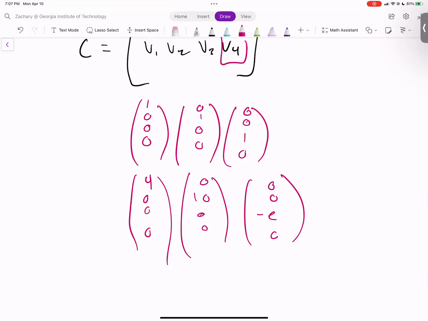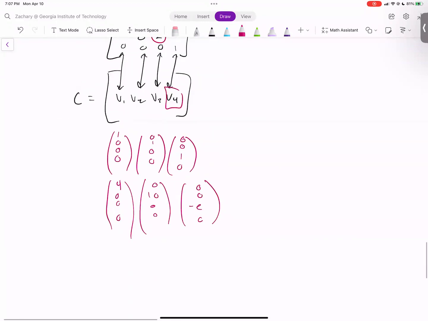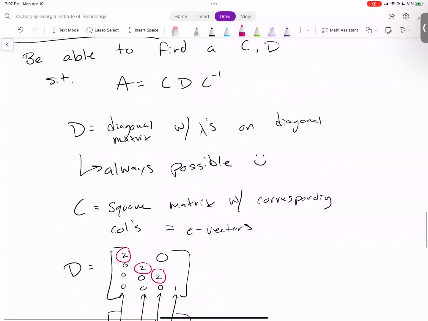Are these 3 things still linearly independent? Do they span the same as this? They are still eigenvectors. They still form the same basis, so they're just as valid to put in the C. The reason this doesn't matter is because we multiply by C inverse, and this will cancel out whatever choice you make to just make it easy. So you have to do a little bit less thinking, which is nice.